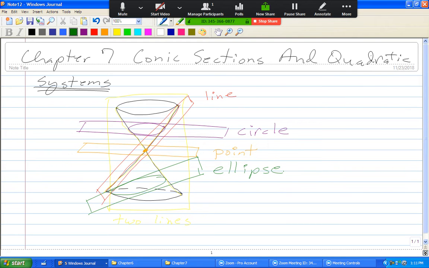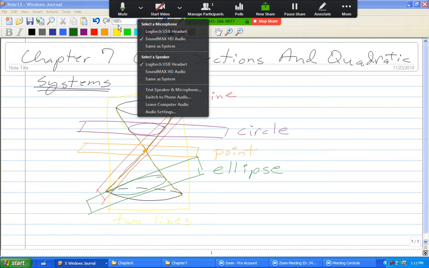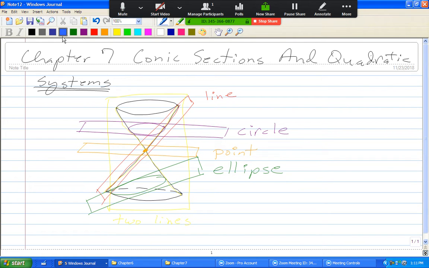If I go at an angle here. Oh, let's do it this way. That's still an ellipse.